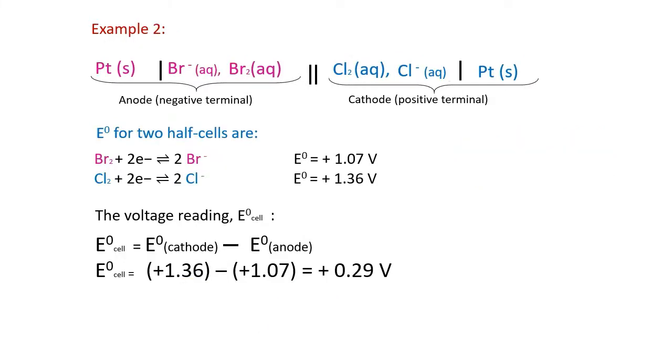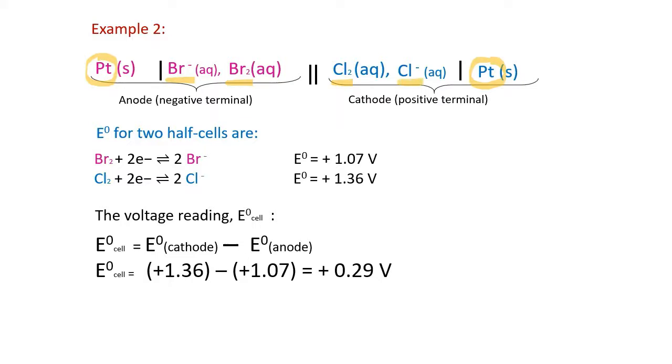How about this second example, when we are using platinum as the electrode? Both are using platinum, but the ions or substances in the solution are different. Here we will use bromide ion and bromine molecule, chlorine molecule, and chloride ion.